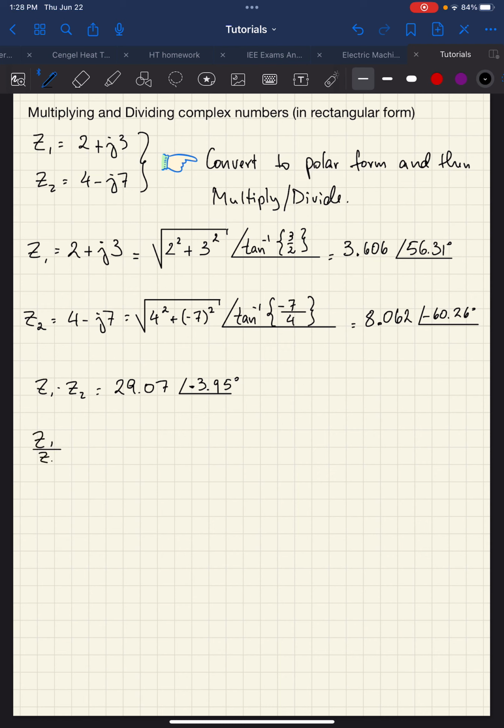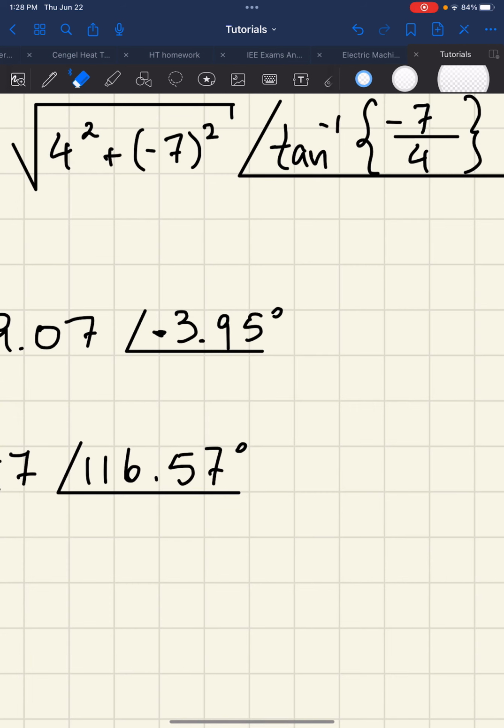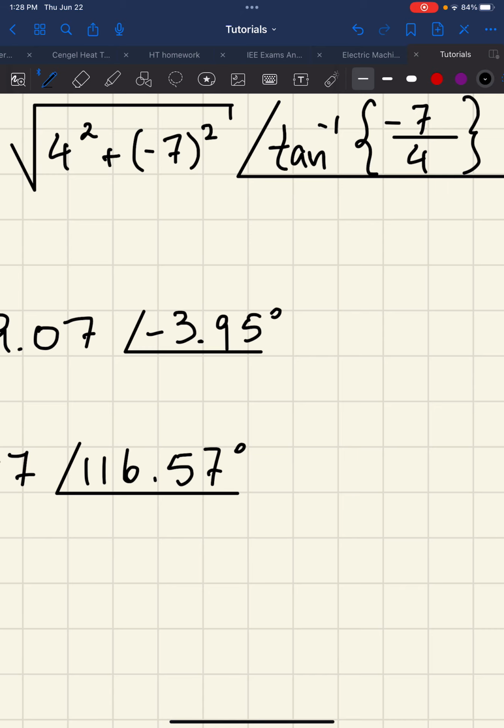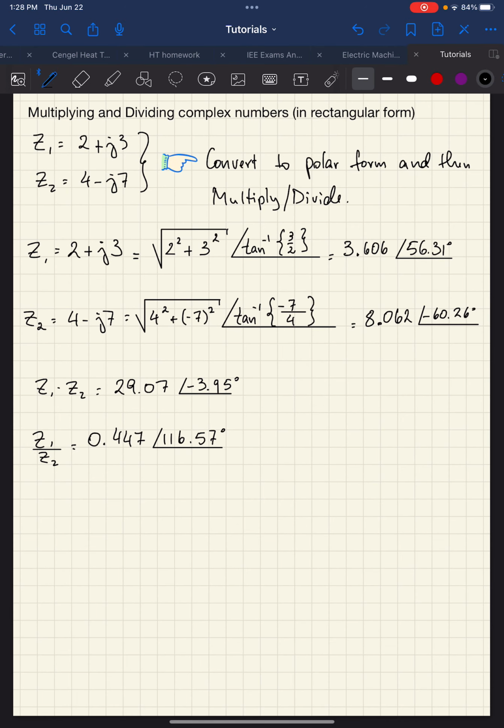If you divide these two numbers, you should get something like this: .447 at an angle of 116.57. Let me just fix this minus sign so it's not confusing. I want it to be very clear. Minus sign. All right.